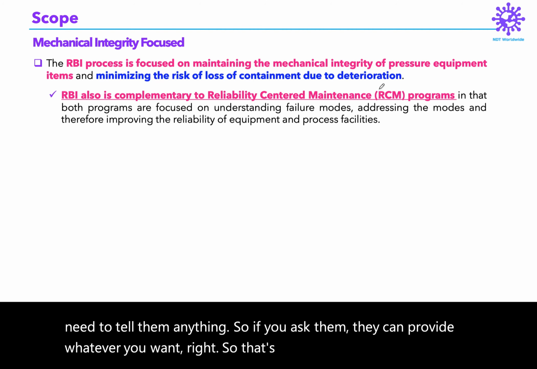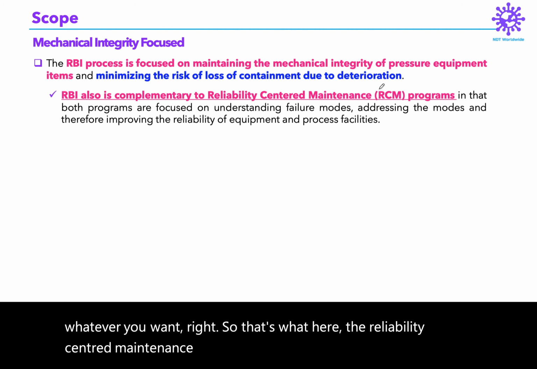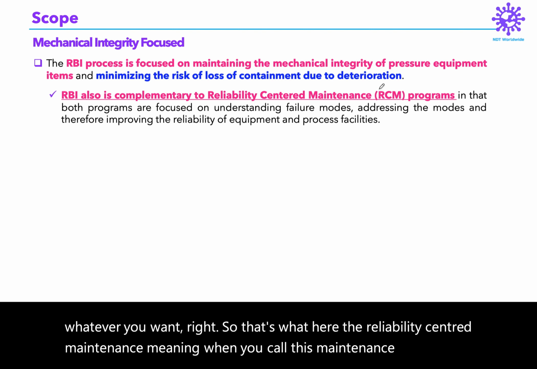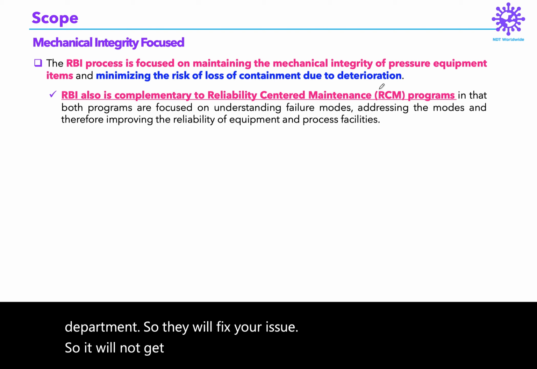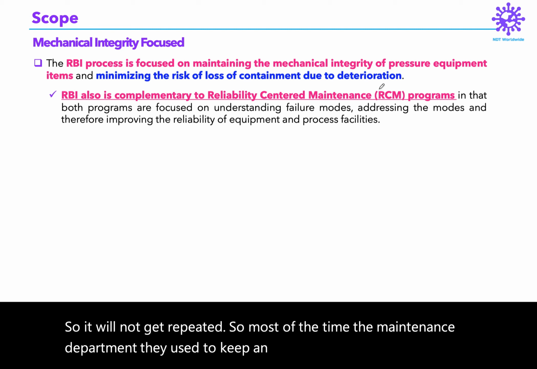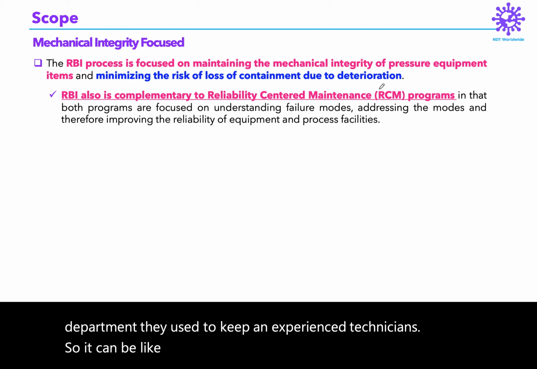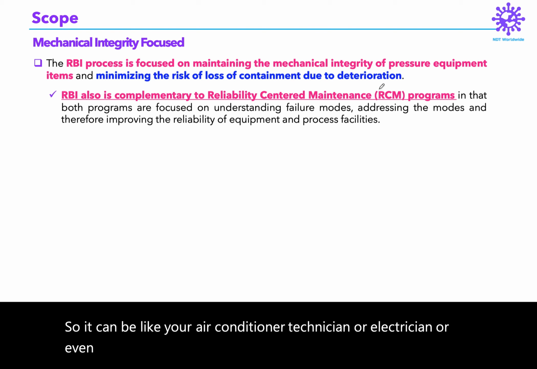So that's what reliability centered maintenance is here, meaning when you call this maintenance department, they will fix your issue so it will not get repeated. Most of the time the maintenance department keeps experienced technicians. It can be your air conditioner technician or electrician or even a normal cleaning department technician.